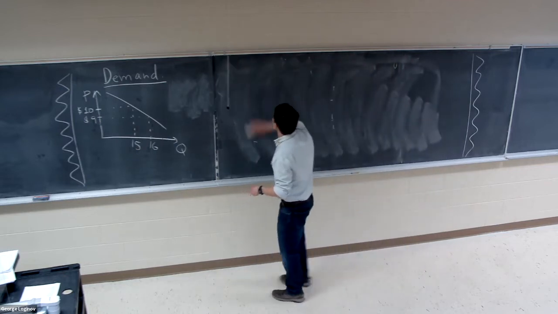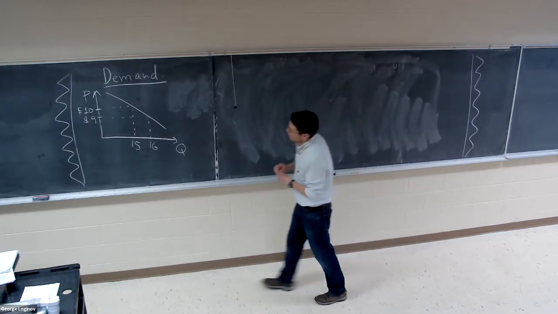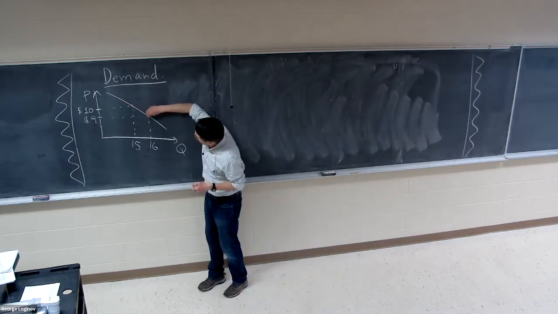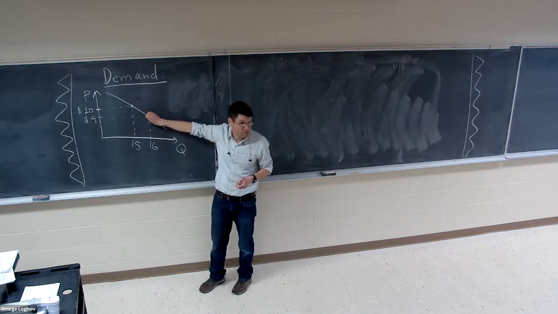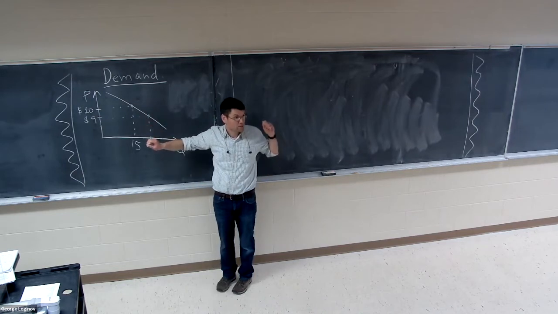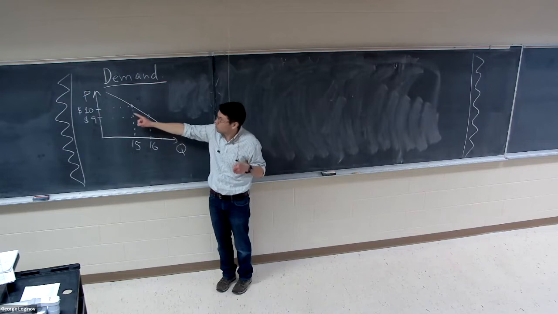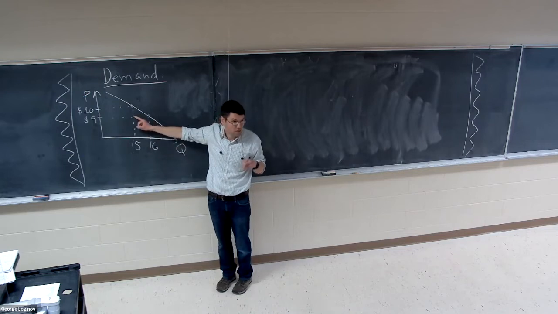So now, when I change the price, I'm basically jumping from one point of the demand curve to another point in the demand curve. When I change something about factors other than the own price of the product, I'm going to shift the whole curve. So we'll do a little bit of that shifting.